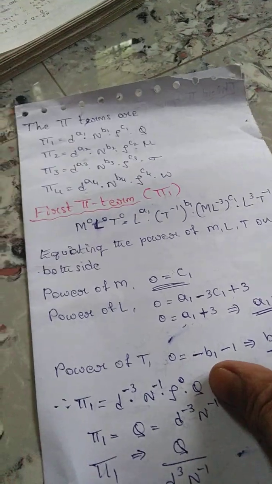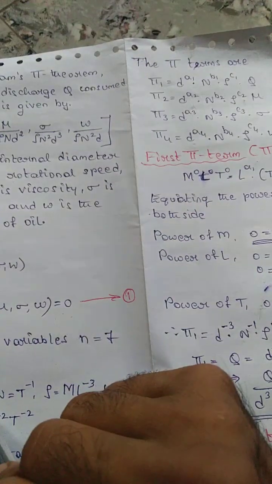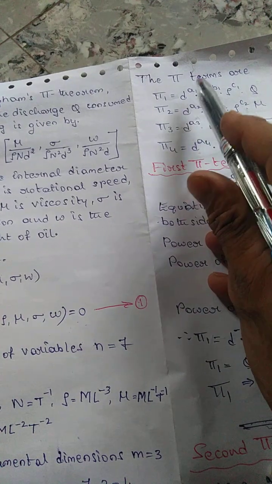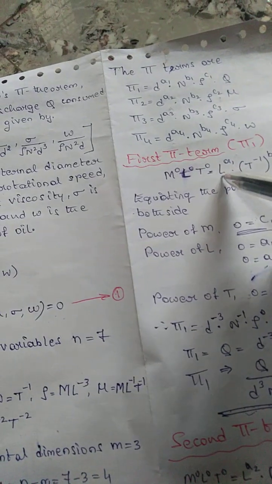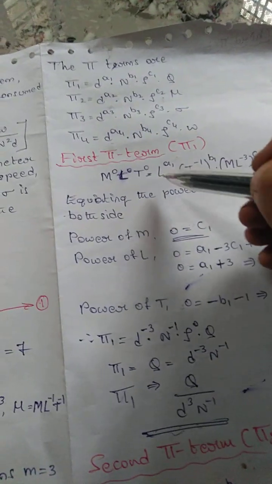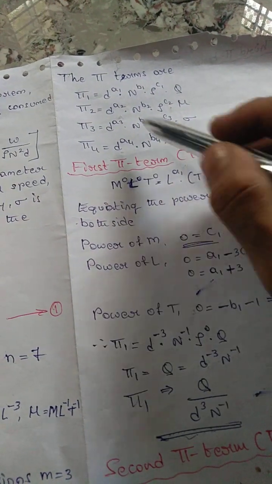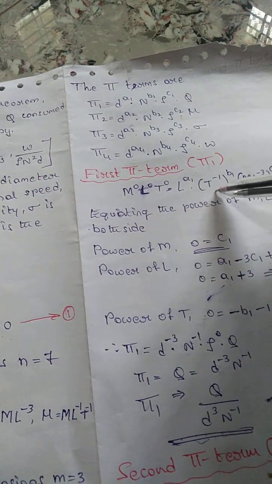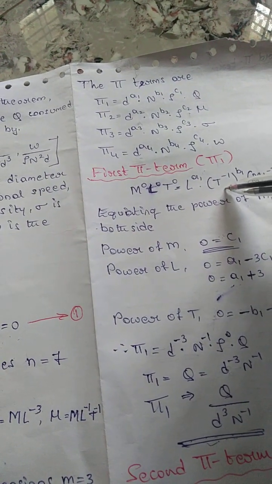Why, I will tell you. See here d, and here d to the power a1. d is L to the power a1, because for d the dimension is L. So here it is L, power is same a1. For n it is written as T to the power minus 1.